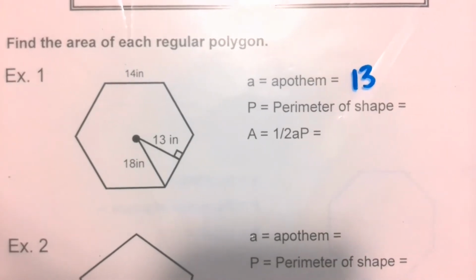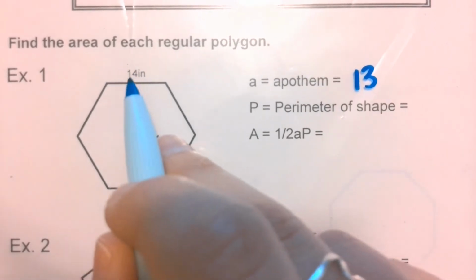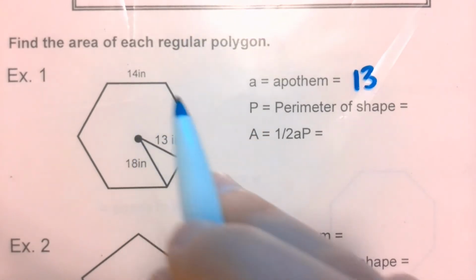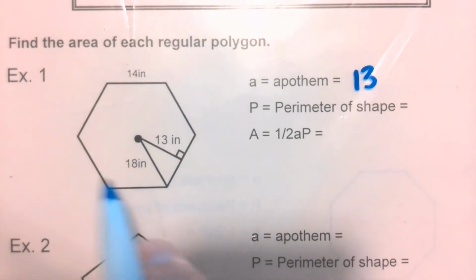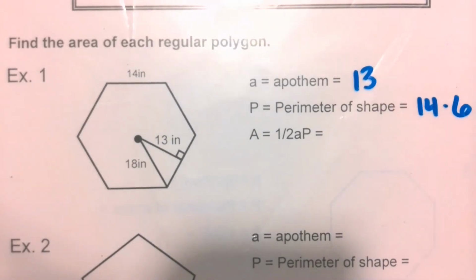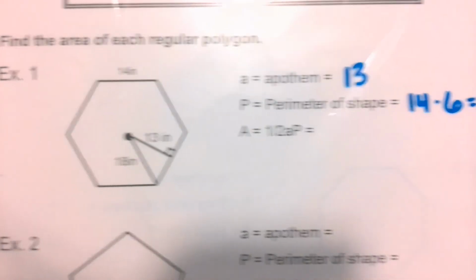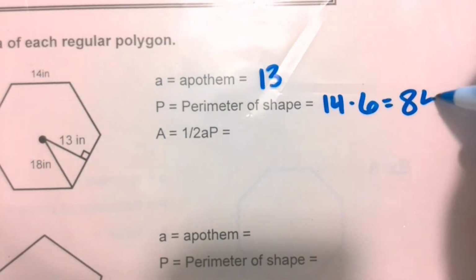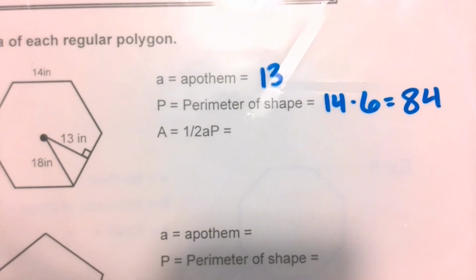To find the perimeter of this shape, I've got a side length of 14, and remember that it is regular, so that means that this is 14, and this is 14, 14, 14, 14. So I could just add 14 six times, because there are 6 sides, but I can also just take the side length times my number of sides, so 14 times 6, which is 84. Okay, so that's our perimeter.